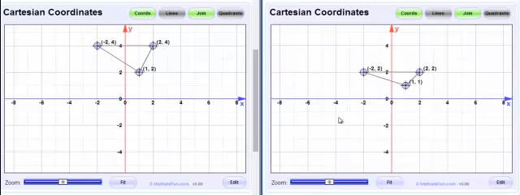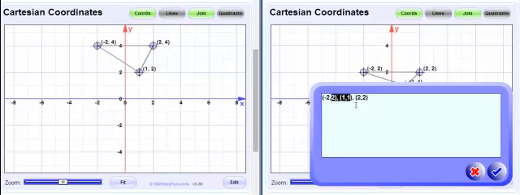And notice that on the right hand side the graph was shrunk or brought down vertically by a factor of 2. This point got shifted down to here, this point got shifted down to here, and then this point got shifted down to here. So it became half as tall.